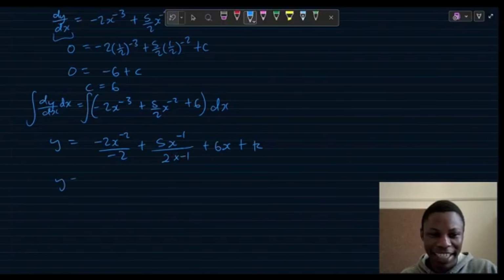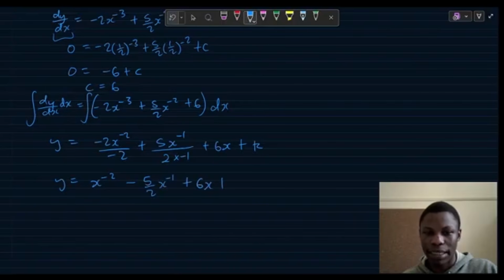So we've got y is equal to negative 2 over negative 2, that's 1, so that's just x to the negative 2. And then here we've got 5 over 2 times negative 1, so that's negative 5 over 2, and that's x to the negative 1, plus our 6x plus our constant of integration.